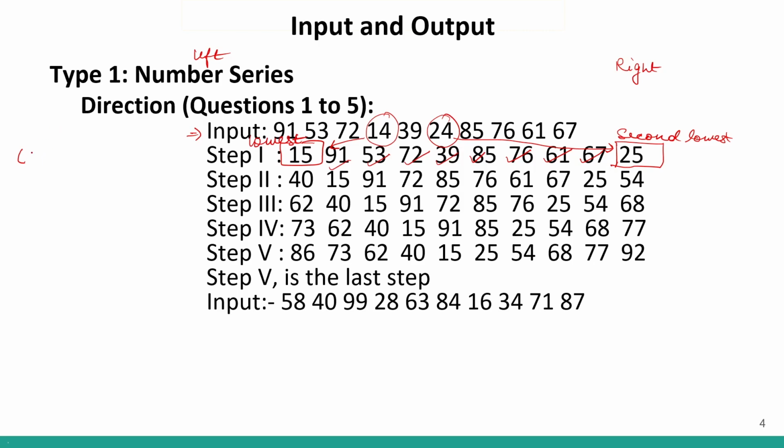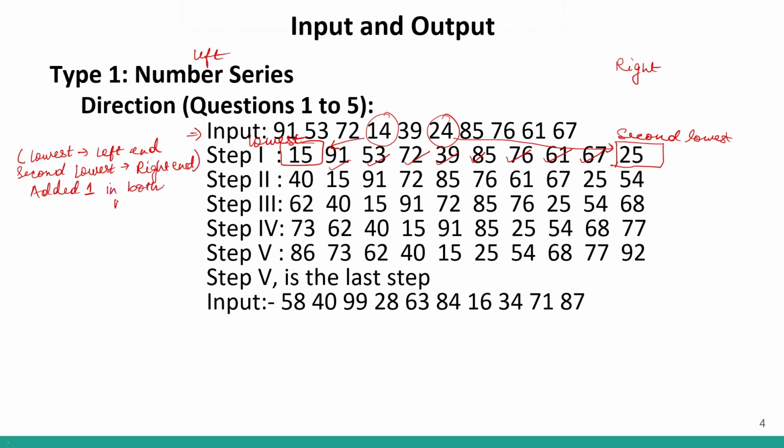Basically, the lowest number is taken on the left end. The second lowest number is taken on the right end. Plus, we have added 1 in both numbers.